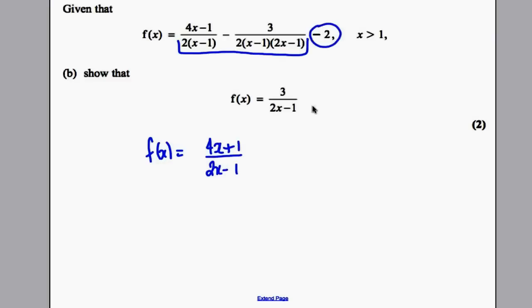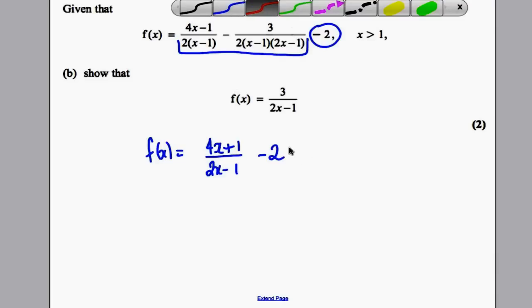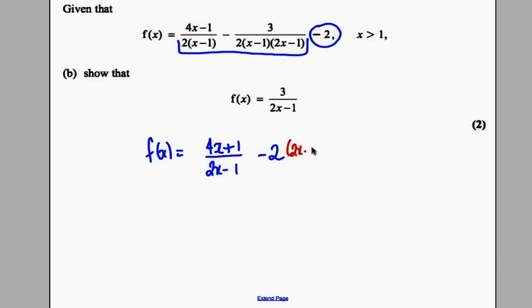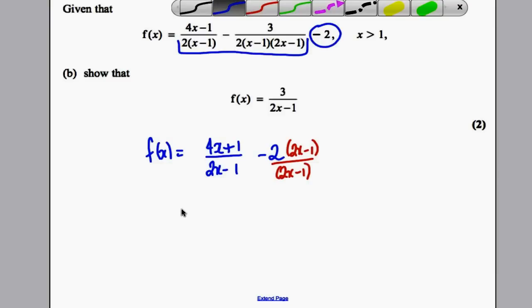And don't forget we've got the subtract 2. So subtract 2. That's our first line. Now, in order to subtract these, we've got to make them over the same denominator. So we times the 2 by a 2x subtract 1 on top and a 2x subtract 1 on bottom. And now we can work this out.